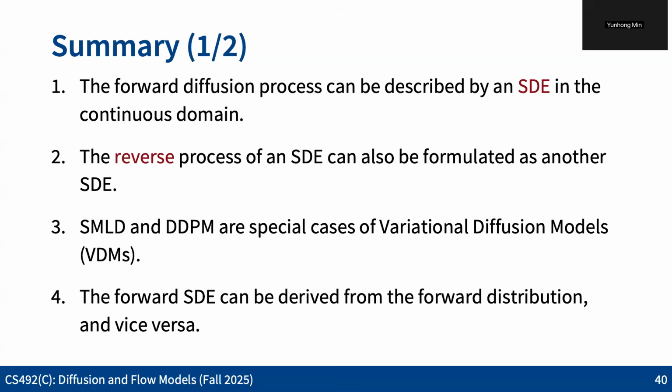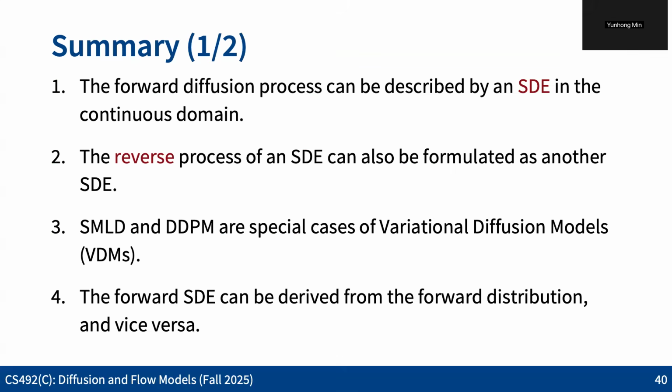And specifically for the SMLD and the DDPM case, based on the forward transition distribution, we could see how we can derive the forward SDE, right? And also the forward SDE could be derived from our definition of the forward distribution and the other way around. So this conversion can be done in both ways.